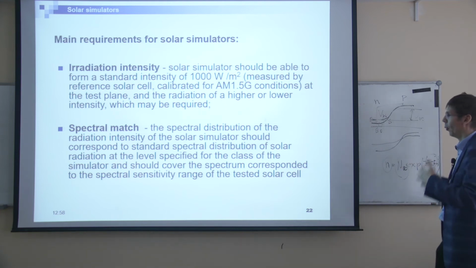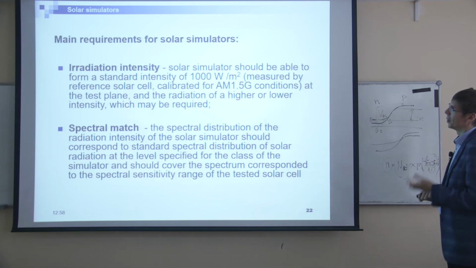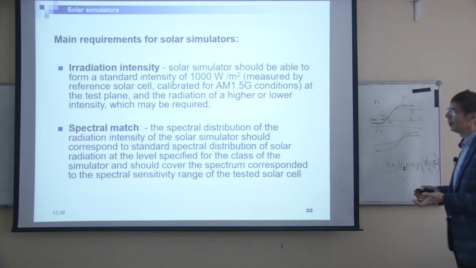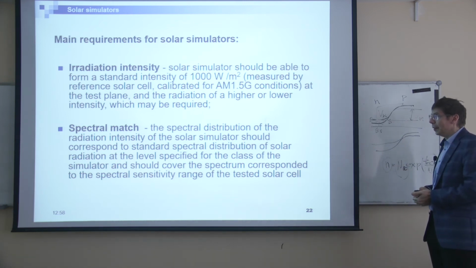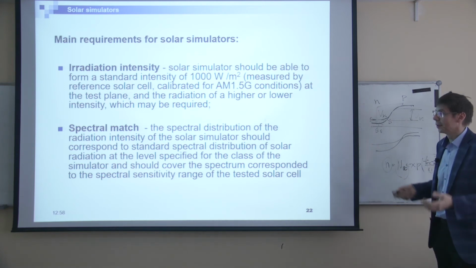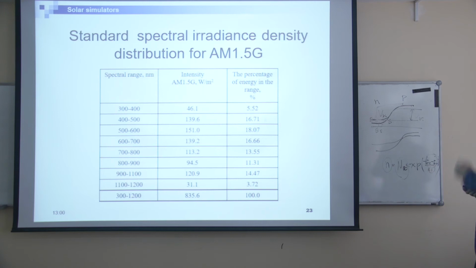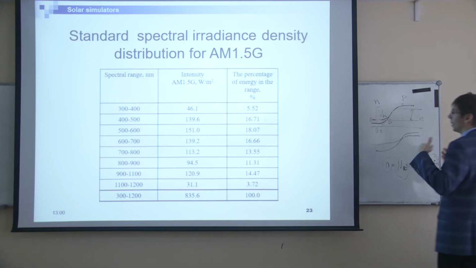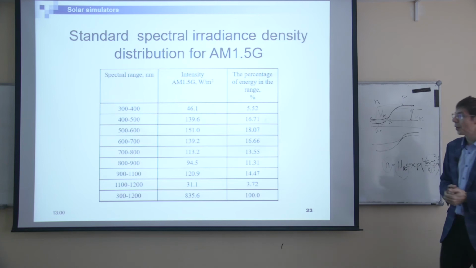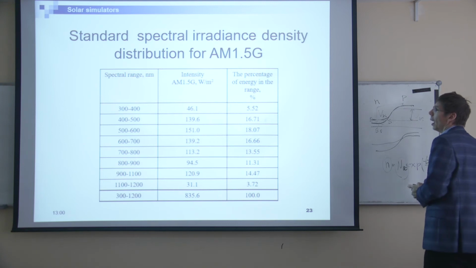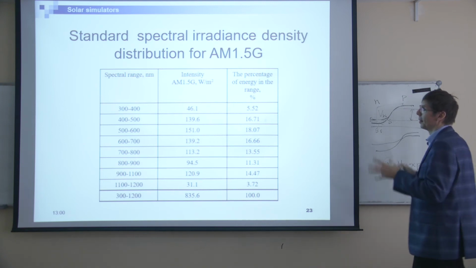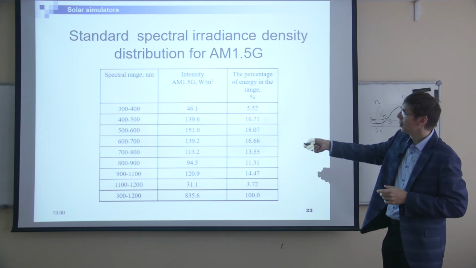Another most important requirement is the spectral match. So the spectral distribution of this radiation should correspond to the standard spectrum. So you have seen the standard spectrum. It's quite a complicated spectrum. And how can we get it? Of course, we cannot make a perfect fit of this spectrum. We can just divide it by different ranges.